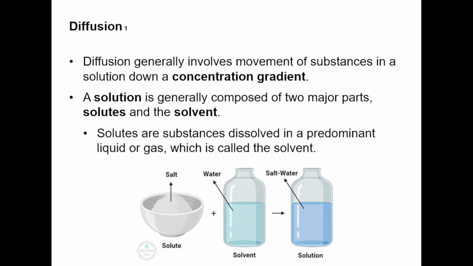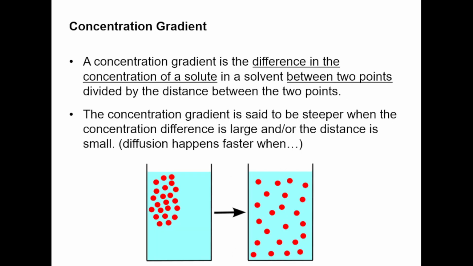Now, what is the concentration gradient? The concentration gradient is the difference in concentration of a solute inside a solvent. And commonly, this difference is found between 2 points. Okay, so as we can see here, we have red dots, and this is our solute, and it was placed inside a solvent.